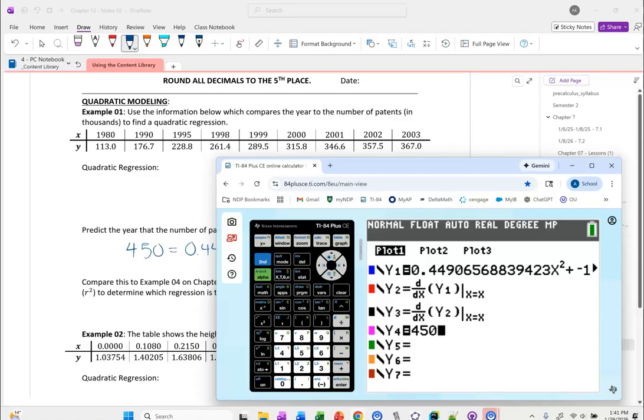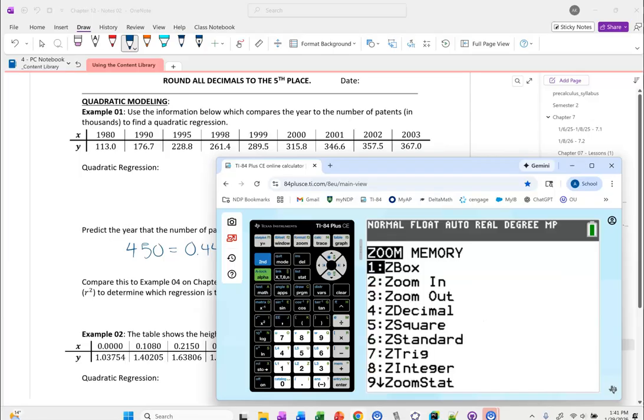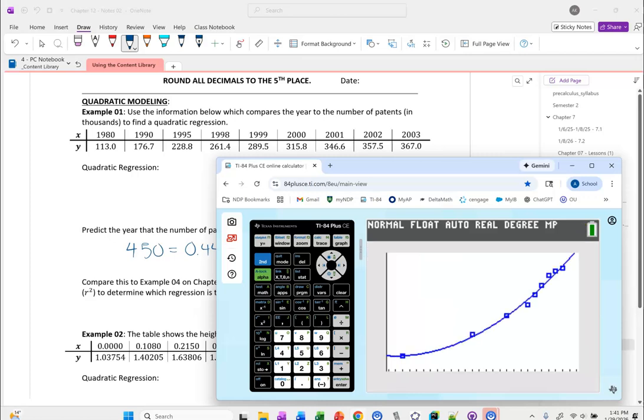Then I'm going to pick zoom, stat. So there's my regression equation. There's the scatter plot. And the 450, do you see the horizontal line for 450? I don't on my screen.